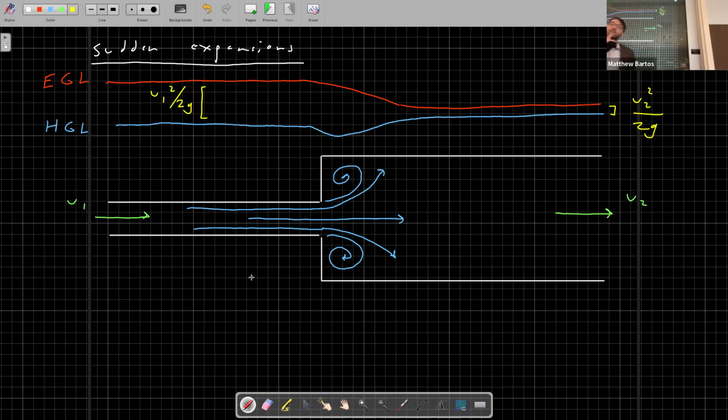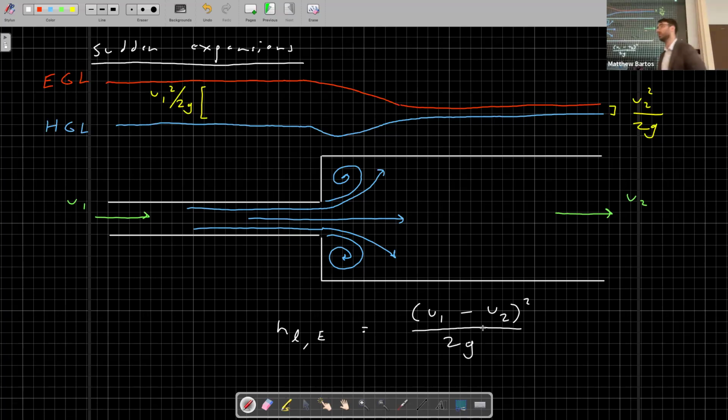So the equation for the head losses due to sudden expansions can actually be derived theoretically. It's one of the nice cases where we don't need an empirical formula. And it turns out to be really simple. It's equal to (U1 minus U2) all squared divided by 2g.